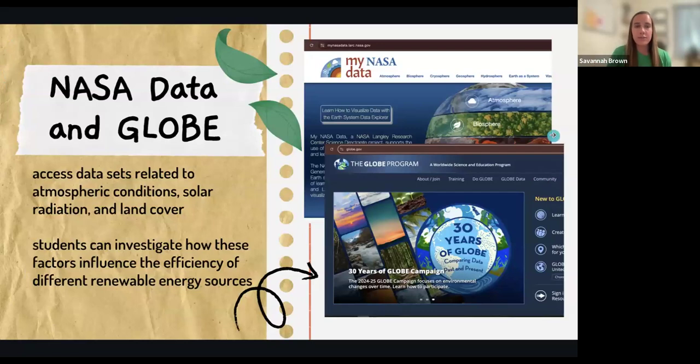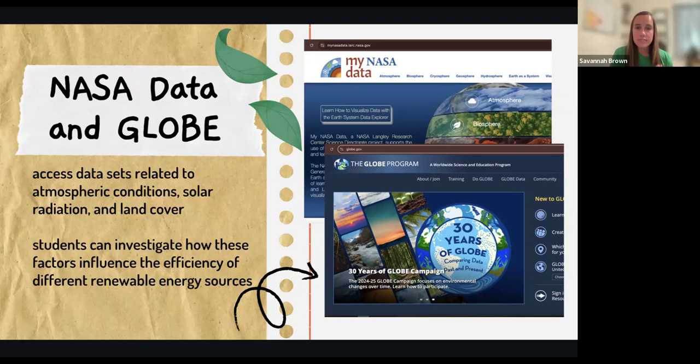So that brings us to how we're going to utilize NASA data in this research. So when I present my students with these differentiated problems that they are going to set out to solve, we talk a lot about supporting evidence and modeling what this change can look like in the future.